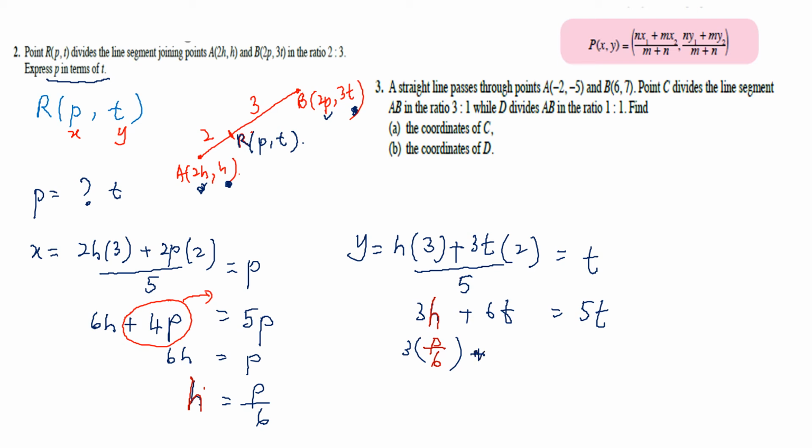We can bring the 6T over to the right-hand side. We get 5T minus 6T, which is negative T. We can simplify here: this is 1, this is 2. So P will be equal to, bringing the 2 over, multiplied, P equals negative 2T. So this is what is meant by express P in terms of T.